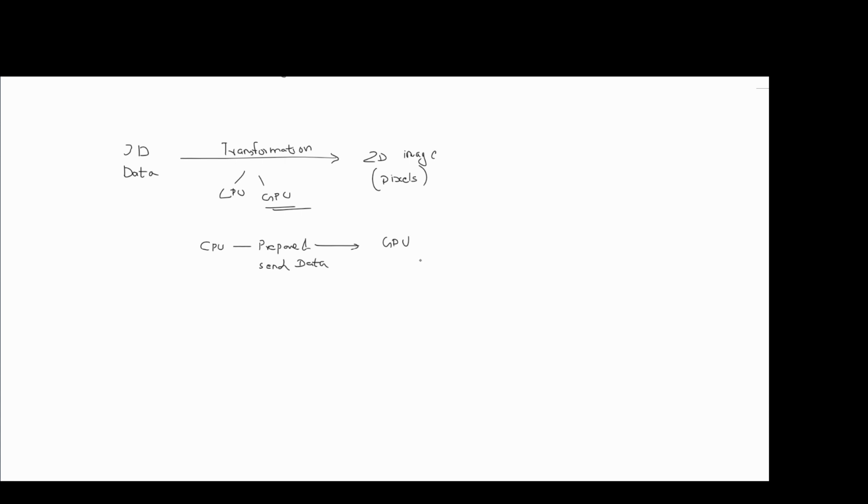One of the important aspects of the GPU is parallel processing. And once the processing is done, it will send it back to the CPU to show this image. So that is how rendering happens. This is a loose description of the render pipeline.